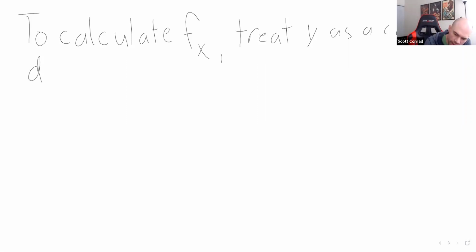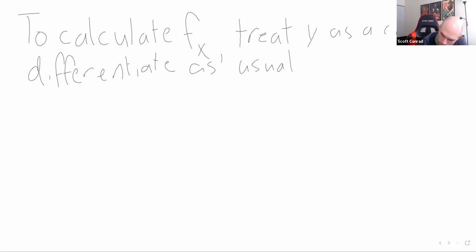Then you're going to differentiate, as usual, using all the rules you know, with respect to x. So now you're just treating it as a function of x, y is just some constant now, and you differentiate using the usual rules. That's how we take the partial with respect to x. Treat y as a constant, differentiate as usual with respect to x.